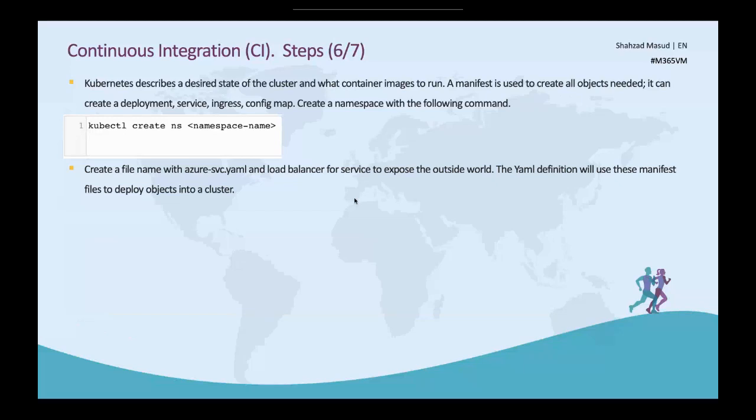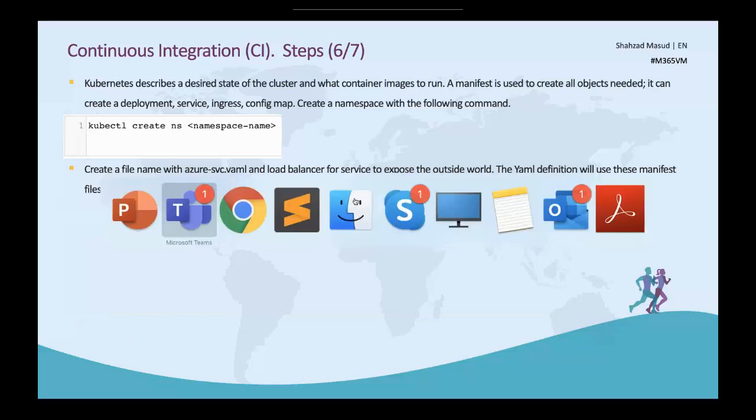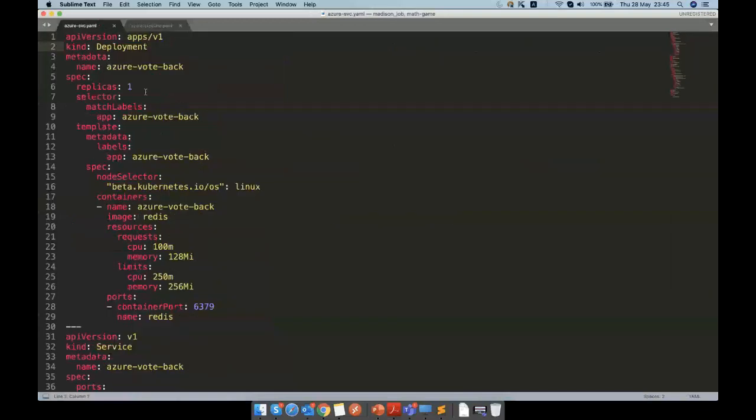Let me show you a sample YAML file and pipeline file. This is a sample YAML file that contains the API version, with kind as Deployment. The metadata is a simple voting application. That voting application has a specification of one replica, not many. Its template is already there.